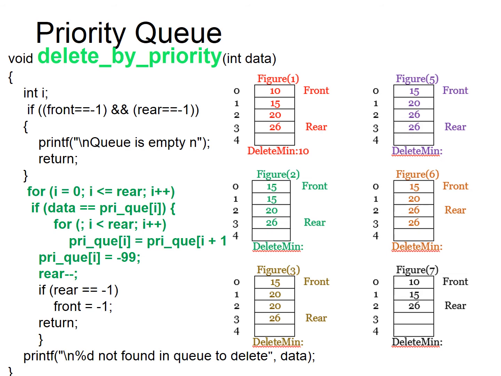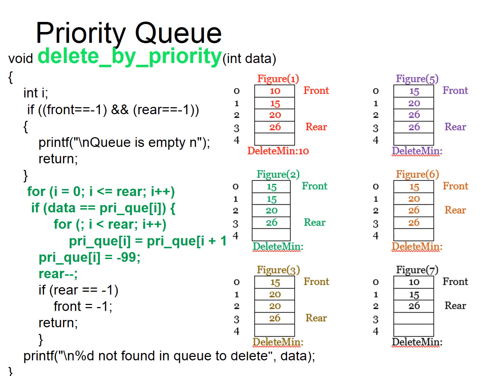So I am pushing all the elements one step above. You can see in figure 2, 15 is moved to 0. In figure 3, 20 is moved to position 1. In figure 5, 26 is moved to position 2. Then rear will be decremented. So you can see the priority queue consists of only 15, 20 and 26.